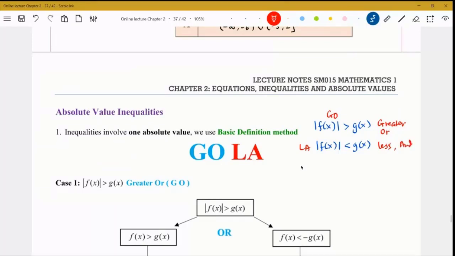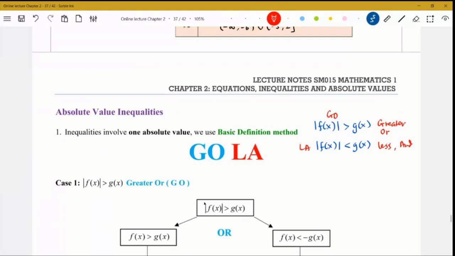Okay, so untuk split tak ada masalah. Split kita akan split menggunakan konsep yang sama, so that kamu tak perlu hafal. Yang kamu kena hafal hanyalah greater mesti pakai or, less mesti pakai and. Dia tak boleh terbalik. Sebab kalau salah bahagian or dan and, nanti number line salah, jawapan akhir salah. Okay, so remember go and la.